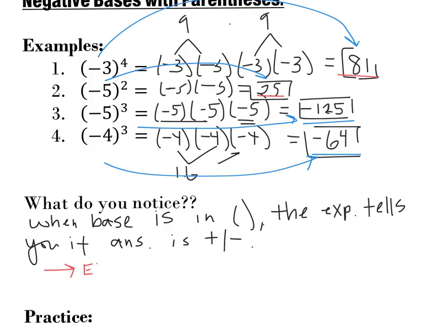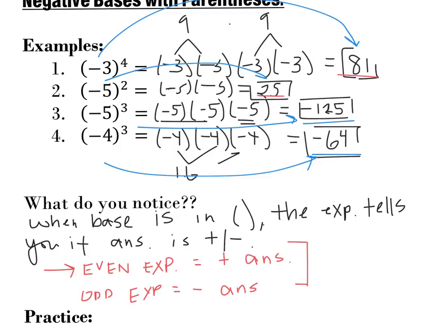Even exponent equals positive answer. Odd exponent equals negative answer. Notice I wrote this in red because it sticks out to me. Whenever I write in a color, that's when you should highlight. So just remember that as we're going along.